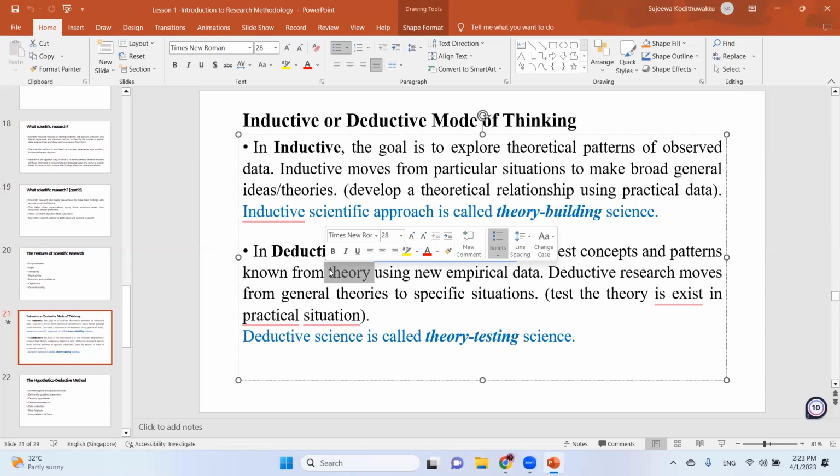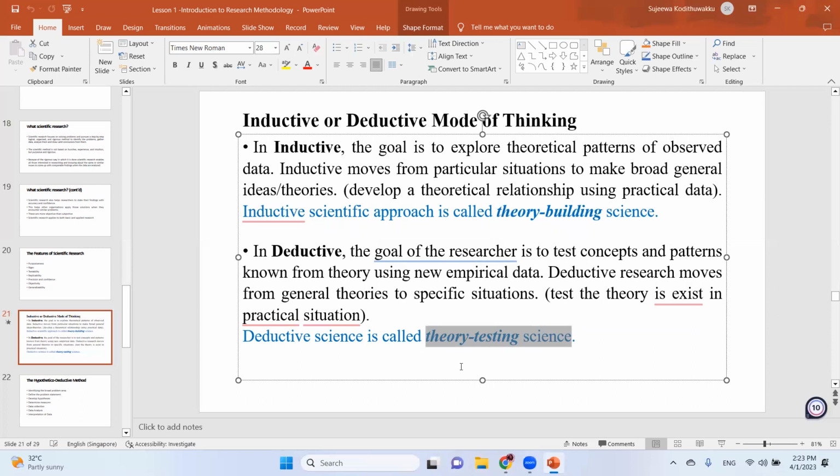Now you are going to test a particular theory through your research problem. Then you have to identify the most suitable theory for your research problem. Based on your theoretical knowledge, you are going to provide solutions. So that's the idea. The deductive mode is actually theory testing science, not theory building.